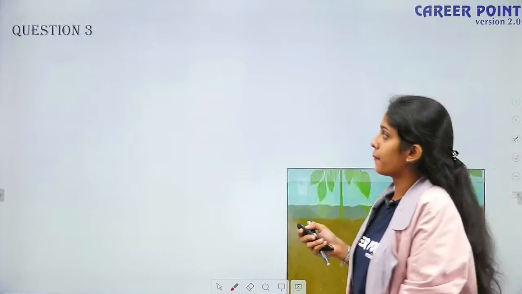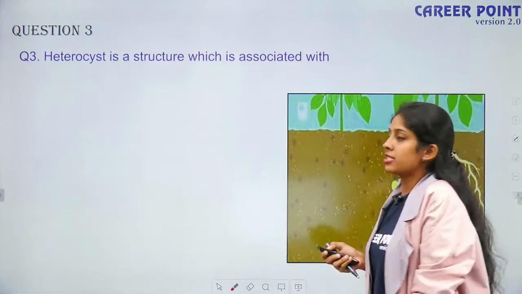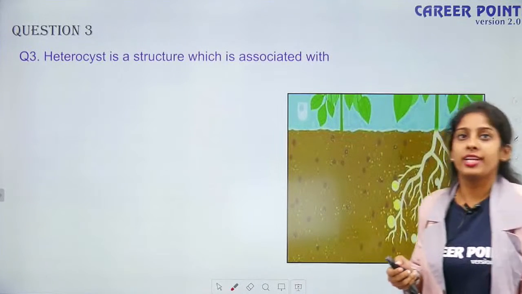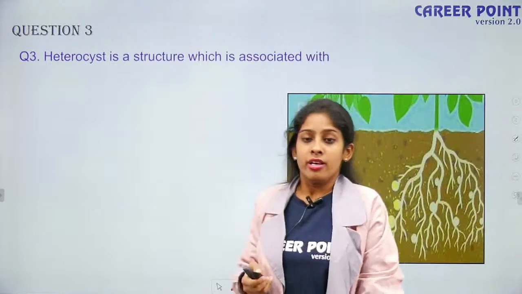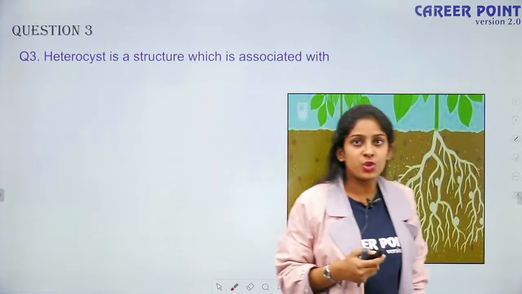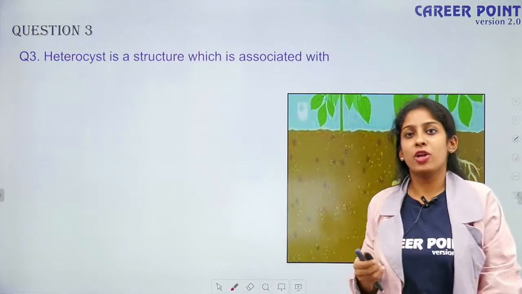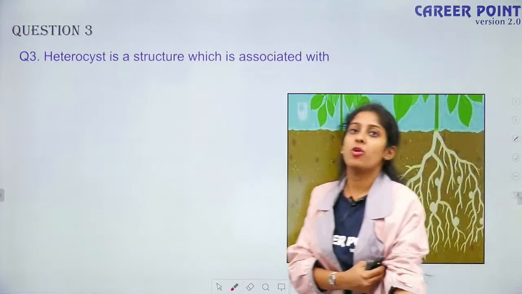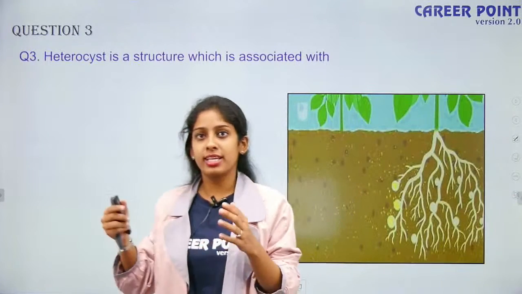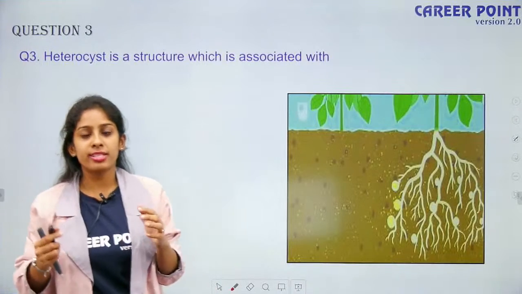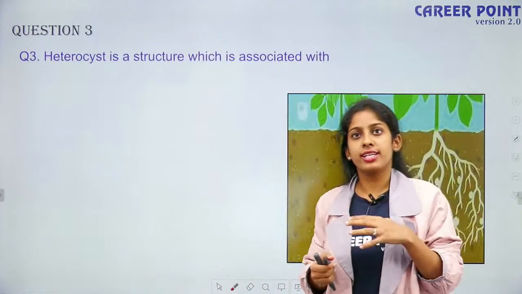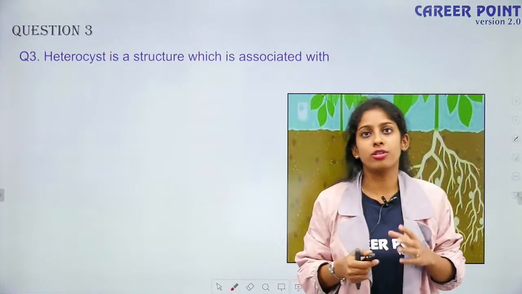So question 3. Heterocyst is a structure which is associated with. So where did we talk about heterocyst? We spoke about heterocyst when we were talking about your cyanobacteria. One of the important ecological points about cyanobacteria is that they are capable of fixing nitrogen, right? So how do they fix nitrogen? Your nitrogen fixing enzyme, that is your nitrogenase enzyme, is very, very sensitive to oxygen, right?